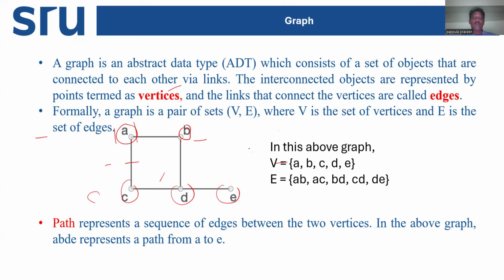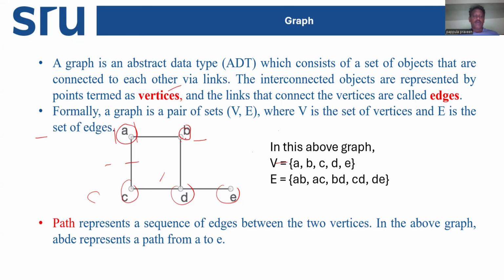AB is one edge, AC is another edge, B to D is another edge, C to D is an edge, and D to E is another edge. So E equals AB, AC, BD, CD, and DE.